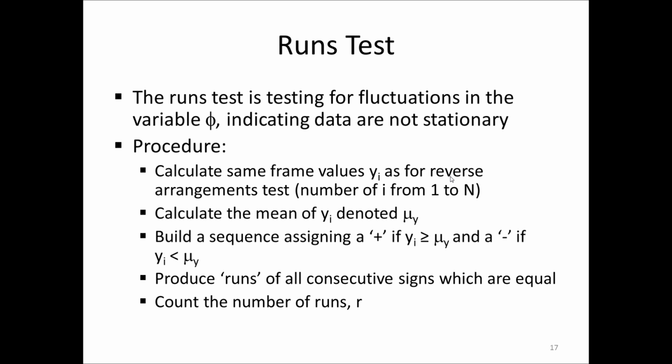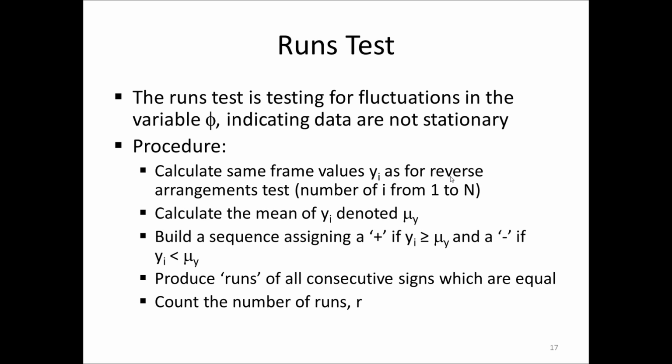Now, the runs test starts with the same procedure of calculating frame statistics, y sub i. But the next step is to calculate the median of the data. That is the value where there are an equal amount in the series larger than and smaller than the median value.